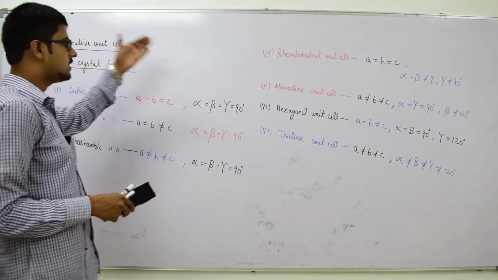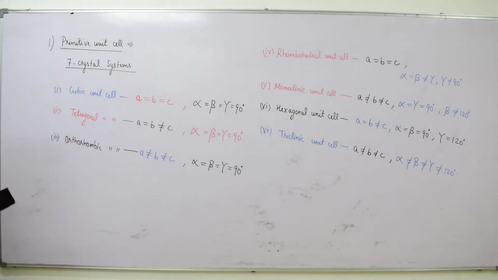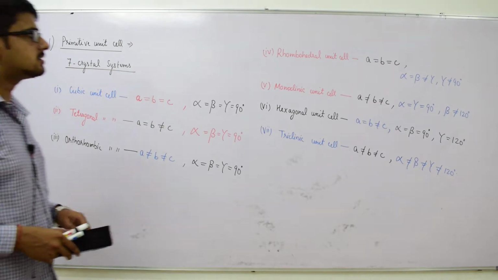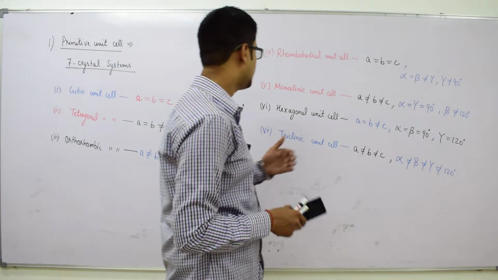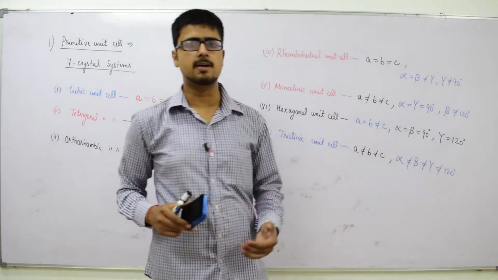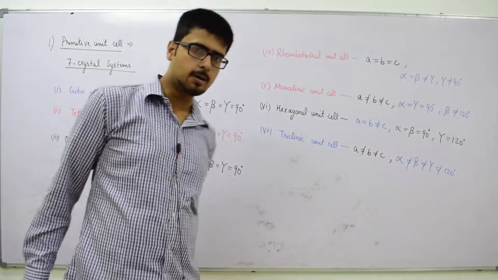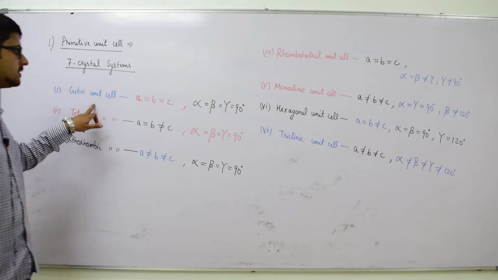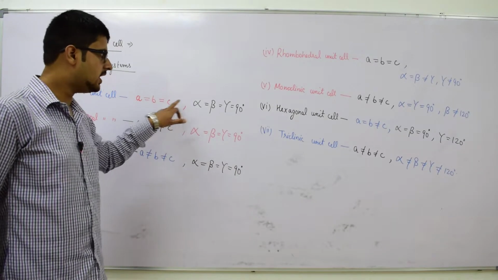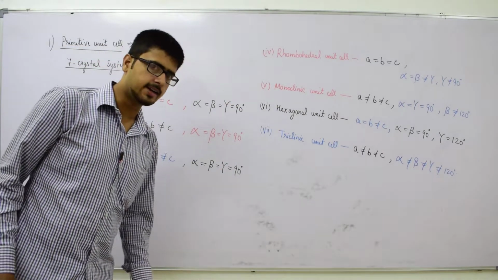These are the further classification of 7 crystal systems, wherein all the 7 types are differentiated on the basis of 6 parameters, that are A, B, C and alpha, beta, gamma. The first one, cubic unit cell, A is equal to B is equal to C, alpha, beta, gamma is equal to 90 degree.